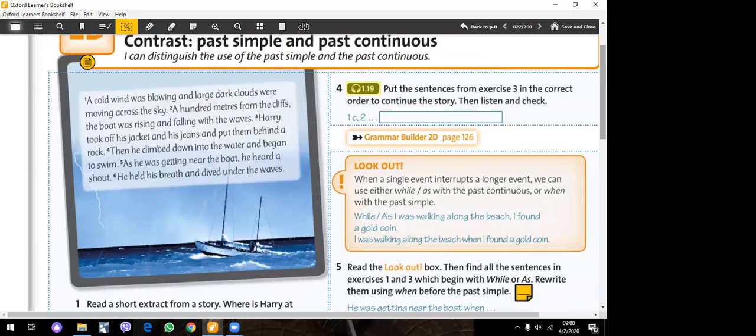Past simple. Thank you, Jose. You're right. He held his breath. Held is the irregular verb here, and dived, we use ed, under the waves. Thank you, Jose. Thank you, everyone, for your participation.